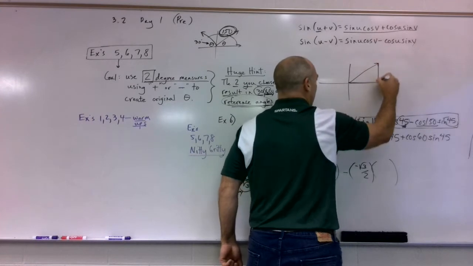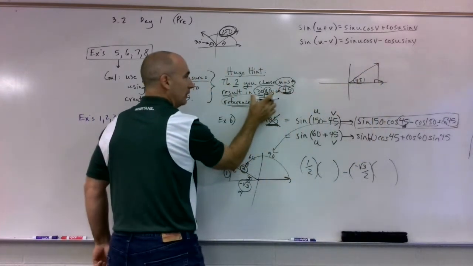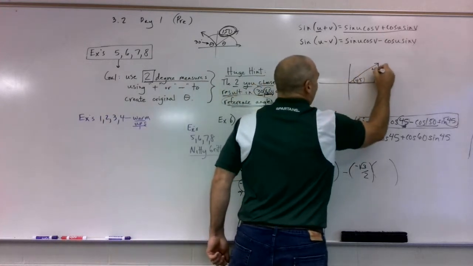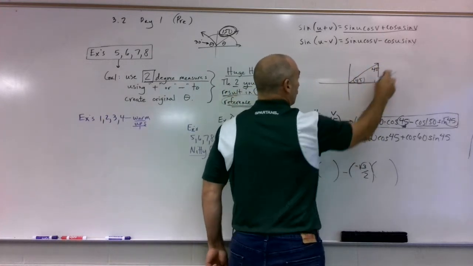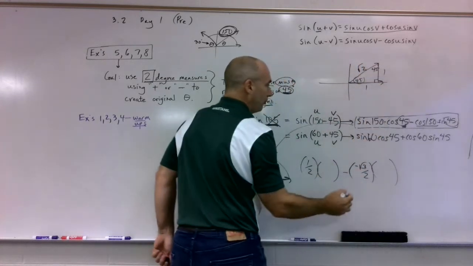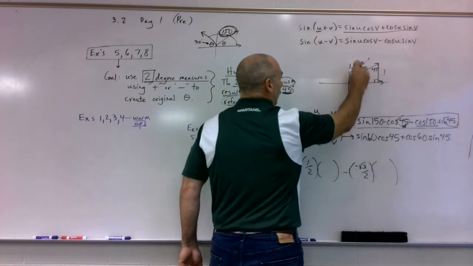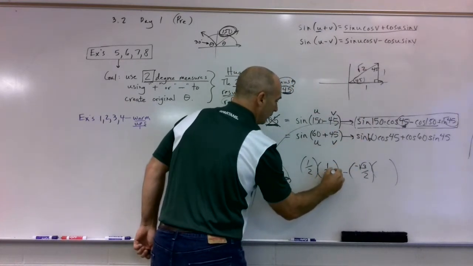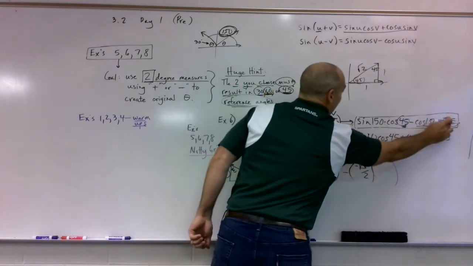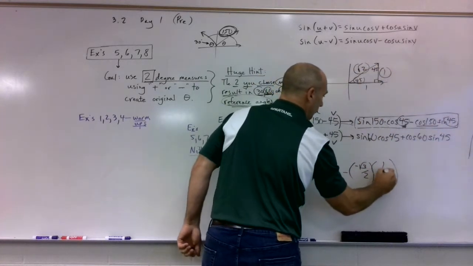And of course, that's going to leave me with a 45 reference angle, which according to this rule is good. And now I got my 45, 45, 90 with no dimensions. So we're just going to go with a simple 1, 1, square root of 2 and do our calculations. Cosine of 45, adjacent over hypotenuse. Sine of 45, opposite over hypotenuse.